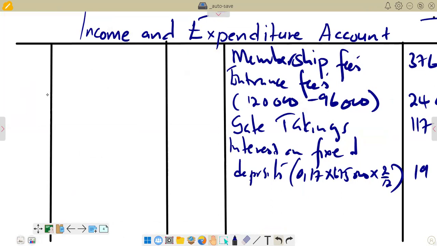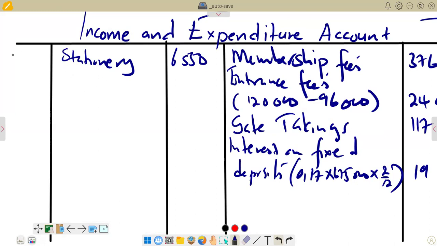Go there, and what we are going to do is say stationery 6,750. So remember, if we had stationery in hand which is remaining at the end of the period, we are supposed to subtract it here. Then the next figures we put here, representing our expense.